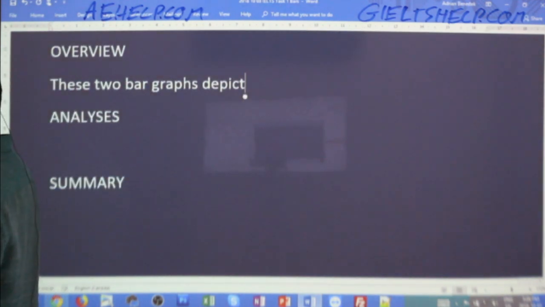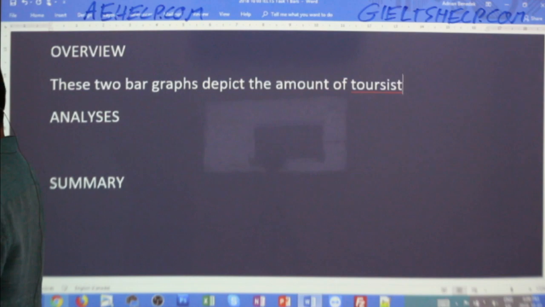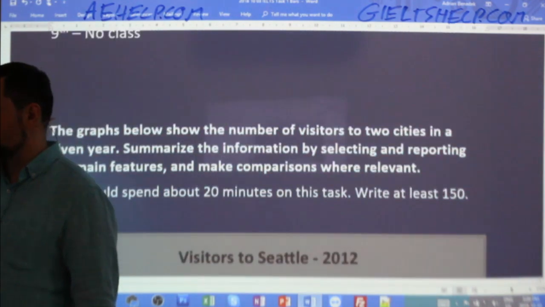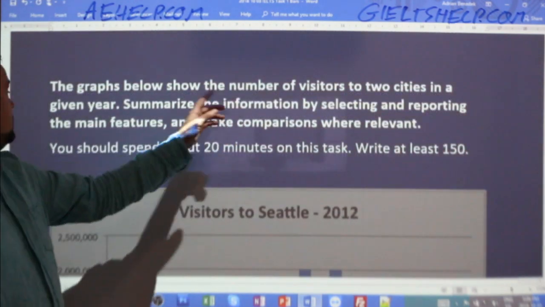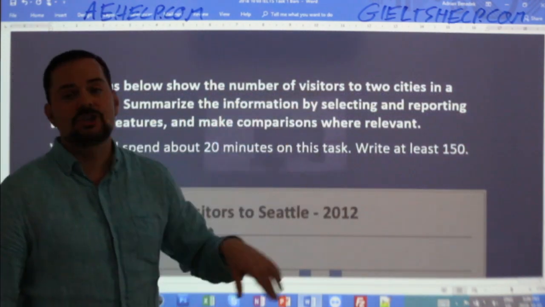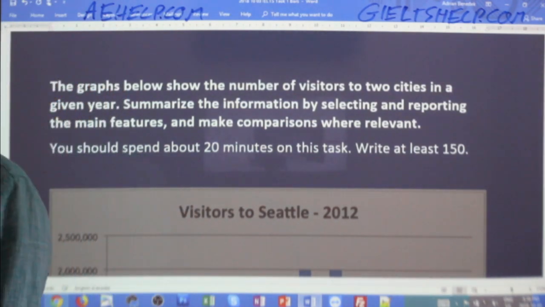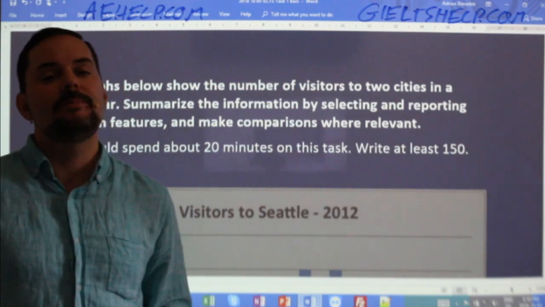These two bar graphs depict the amount of tourists. Okay. Now, should I just be repeating the two cities in a given year? How should I finish this sentence? What should I do to finish this sentence and really show the examiners that, hey, look, I'm not just paraphrasing here.